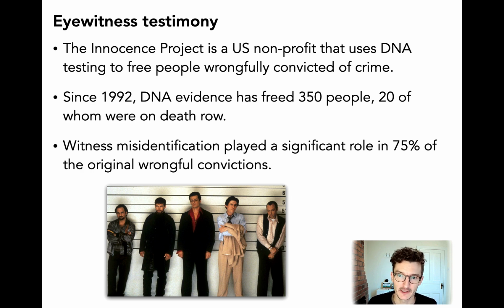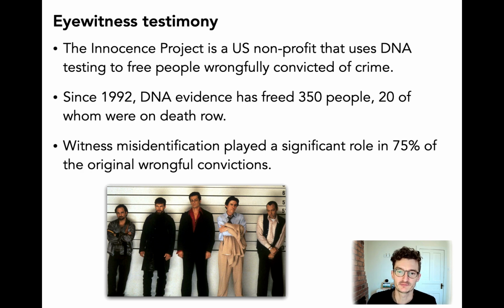And since the early 90s, this nonprofit has worked to free about 350 people, 20 of whom were on death row. In 3/4 of these cases, the individual was convicted because of eyewitness testimony. So what this suggests is that eyewitness testimony is fundamentally flawed, and it's leading to a lot of wrongful convictions. In this case, convictions that were overturned using DNA evidence.